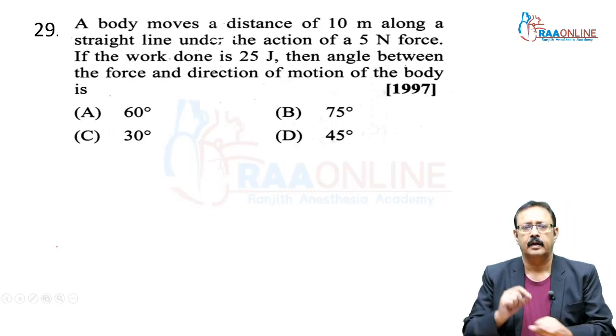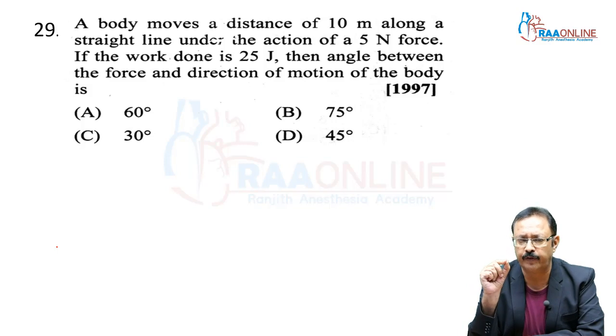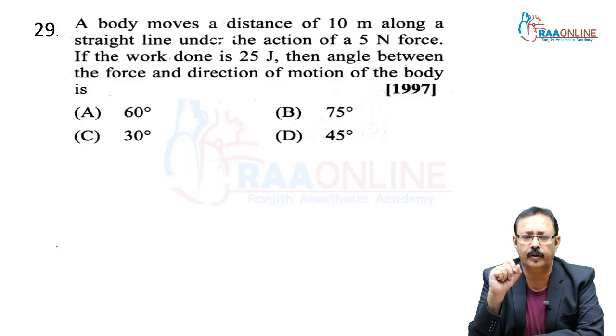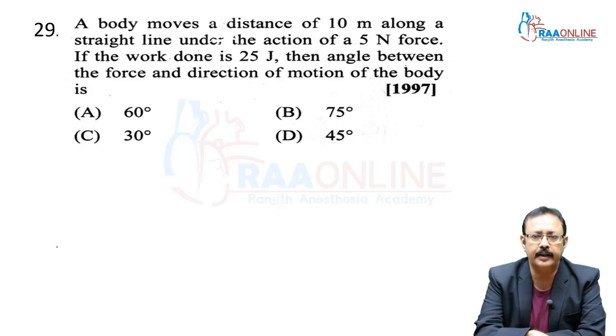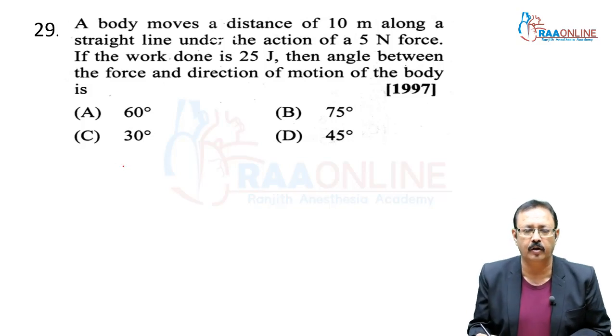Next, a body moves a distance of 10 meter along a straight line under the action of a 5 Newton force. If the work done is 25 joule, then the angle between the force and the direction of motion of the body is. Clearly they want to check your vector knowledge along with work, power, energy.